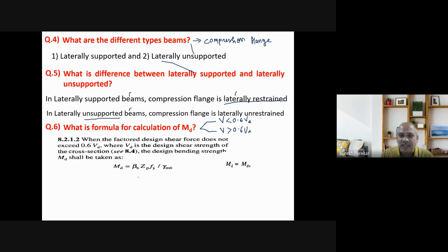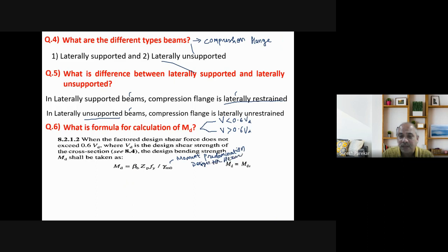When we have this case, we have to use this formula. You can see the design shear force does not exceed 0.6 VD. What will happen in this case? In this case, moment is predominating, and the beam is designed for flexure only.